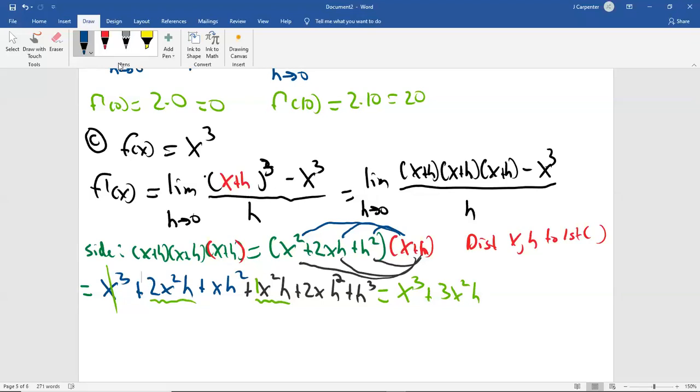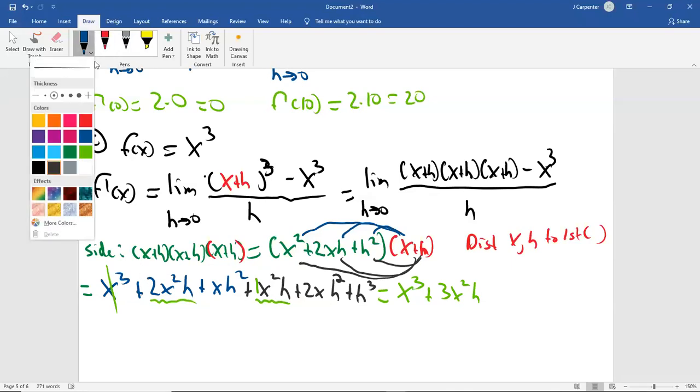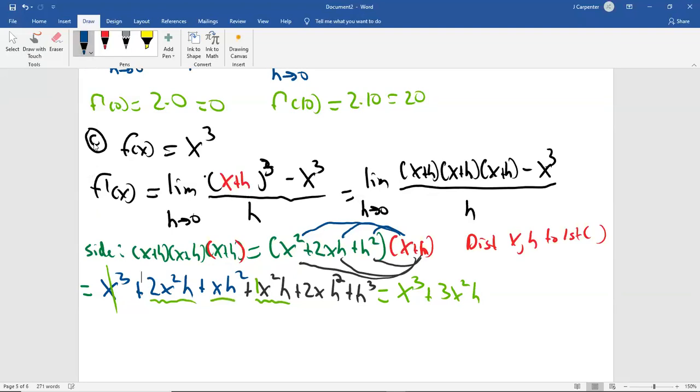So in the blue, there should be an x squared h term and an x h squared. In the gray, there's an x squared h and an x h squared. That's correct now. So those two are like terms. So this x h squared and this 2x h squared make a 3x h squared.